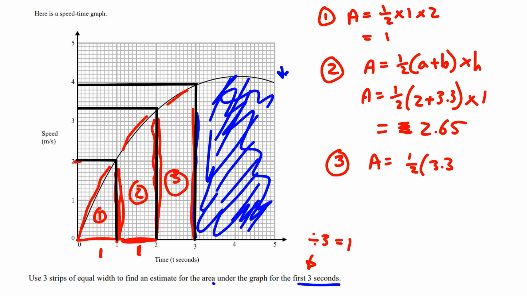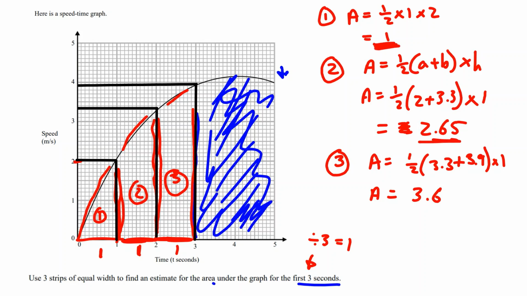Drawing across, I think that is 3.9. And times it by the height. Again, this is my height here down the bottom, which is 1. So 3.3 plus 3.9 is 7.2. Half of 7.2 is 3.6. And then we're timesing it by 1.